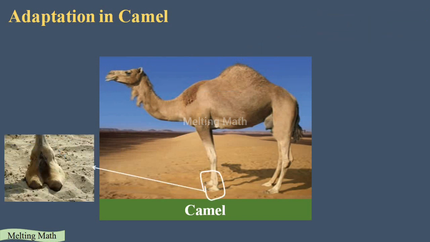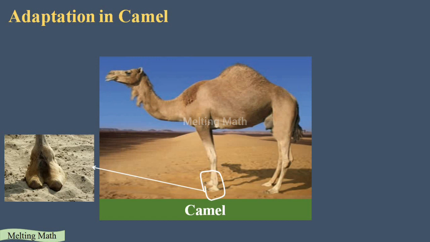You can see here it has large padded feet which help it walk easily on soft sand. When we go to the desert, it's difficult for us to walk on soft sand, but for the camel it's easy because it has flat padded feet.